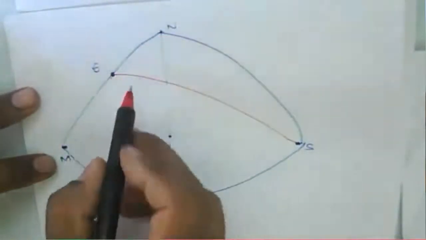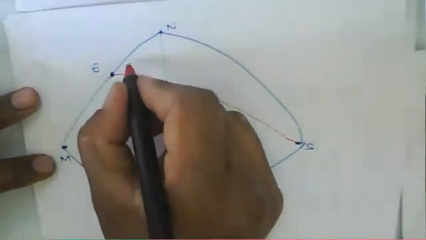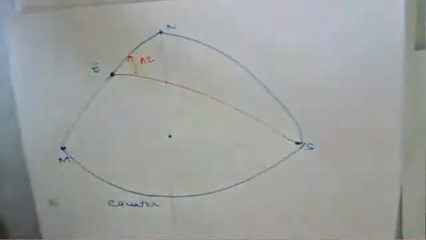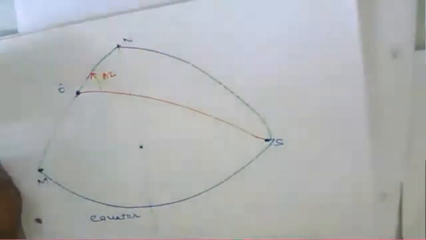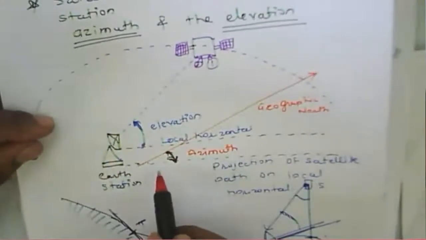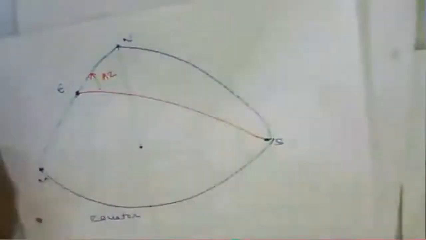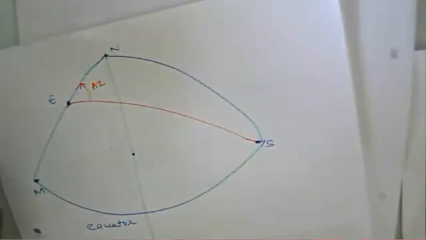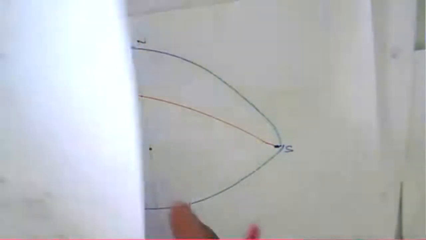Earth station to this north, and earth station to this particular subsatellite point, that is nothing but the azimuth, as we have seen earlier. Azimuth means the line joining toward this north here.